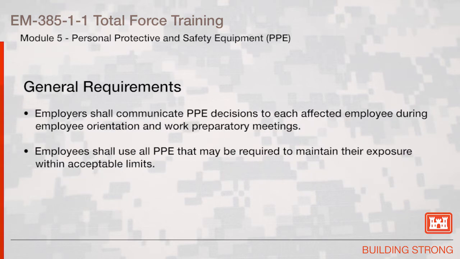Employers shall communicate PPE decisions to each affected employee during employee orientation and work preparatory meetings. Employees shall use all PPE that may be required to maintain their exposure within acceptable limits.